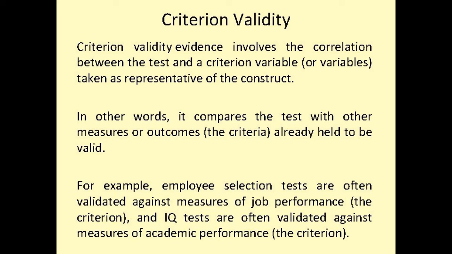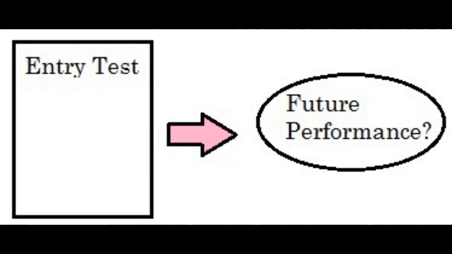To evaluate criterion validity, you calculate the correlation between the results of your measurement and the results of the criterion measurement. If there is a high correlation, this gives a good indication that your test is measuring what it intends to measure.